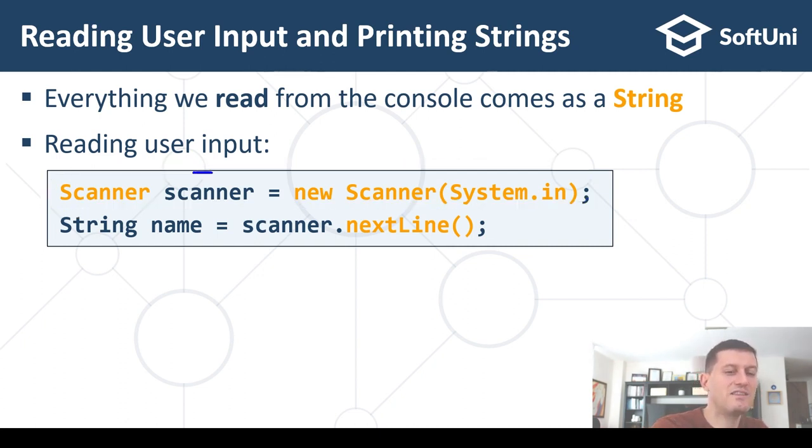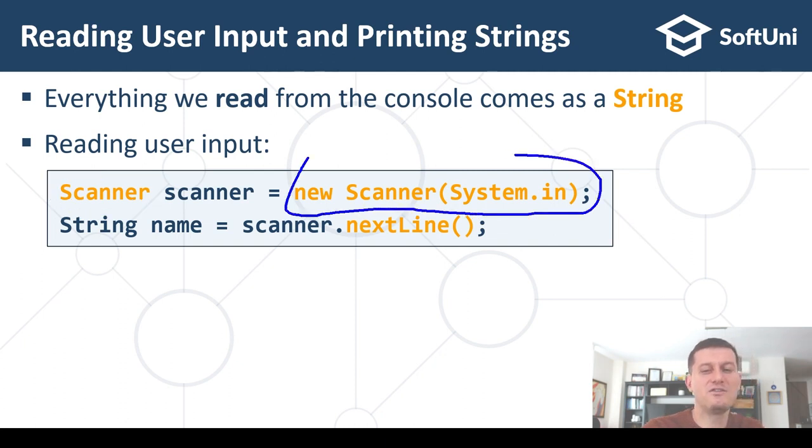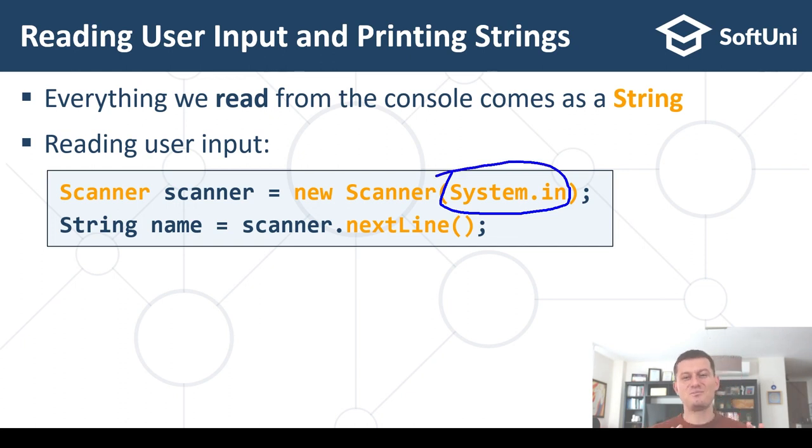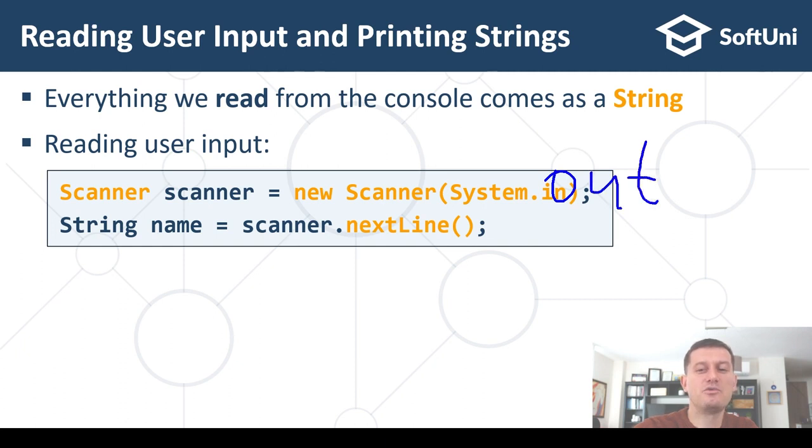We need to create a scanner object of the Scanner class, which is created using System.in. System.in is the system input, the input part of this console. System.out is the system output where we print data. From System.in we read data, from System.out we print data.